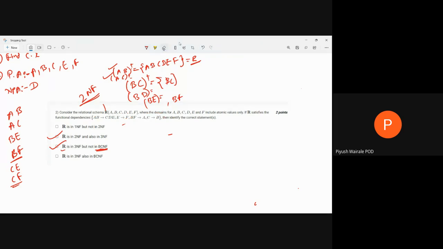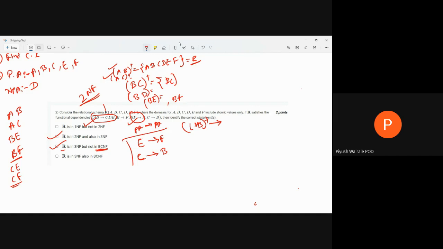As I said, just check the conditions for BCNF. The left hand side of any functional dependency must be a key. So this is a key, this is allowed. This is also fine because BF is a candidate key. E determine F and C determine B are not allowed in BCNF.